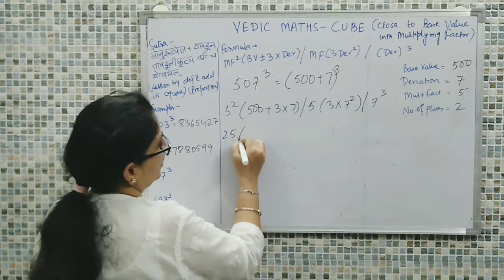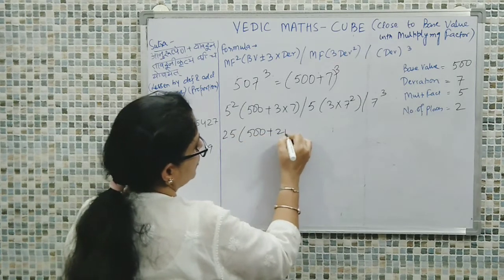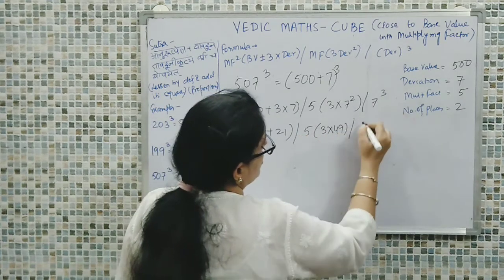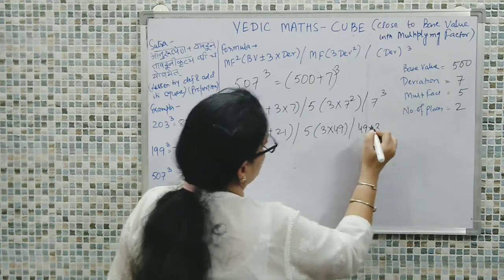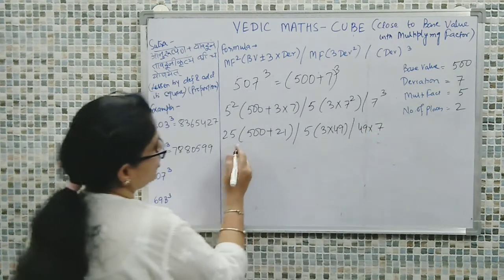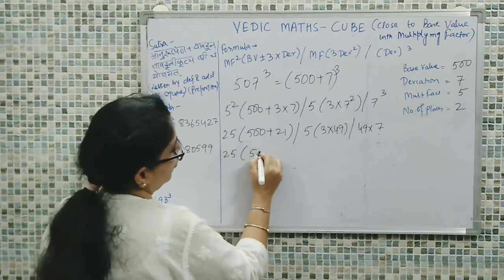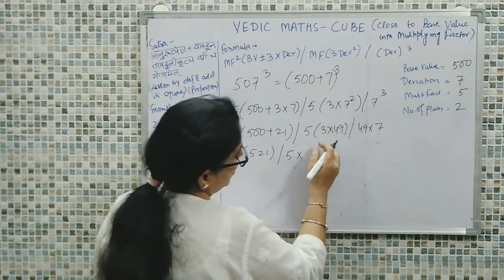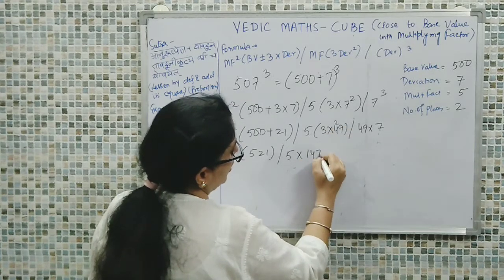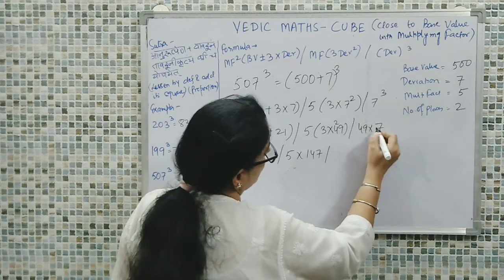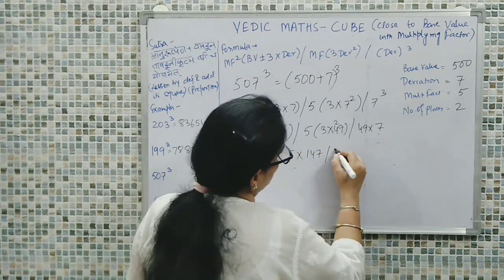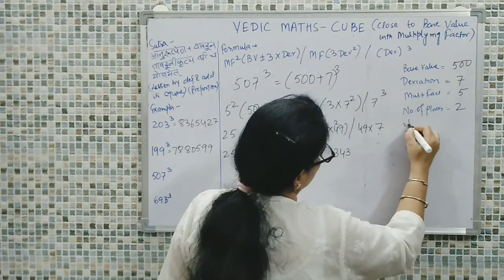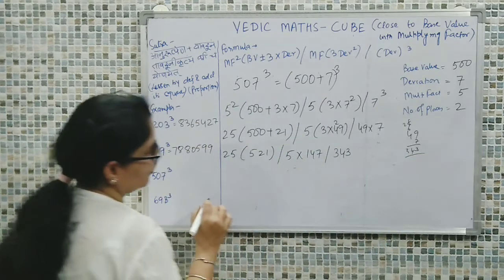So 5 5s are 25, into (500 + 3 into 7), that is 521. For the second part, 3 into 49 is 147, times 5. And the last is 7 cube, which I hope will come out to be 343. Let me confirm. Right. So this is 343.